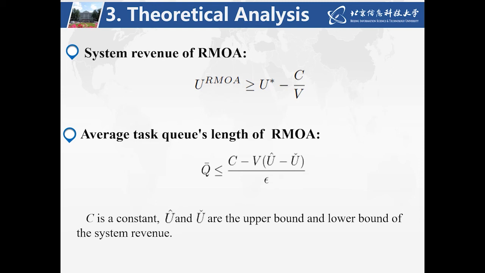In other words, close to optimal system revenue can be obtained by our algorithm with a sufficiently large V. For the task queue backlog, we can see that the time average backlog of our algorithm will always be upper bounded.